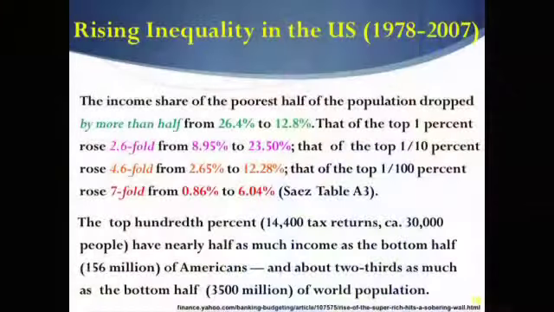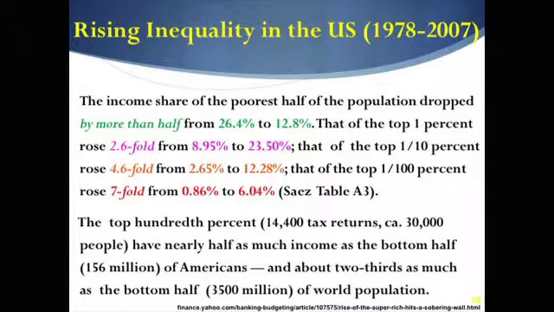In fact, it's actually less than 1% in many ways. The 1% benefited, but if you fine-tune to the top 10th and the top 100th of 1%, you get even more spectacular gains. You get a 7-fold increase in the income share of the top 100th of 1%. So that's really quite dramatic.